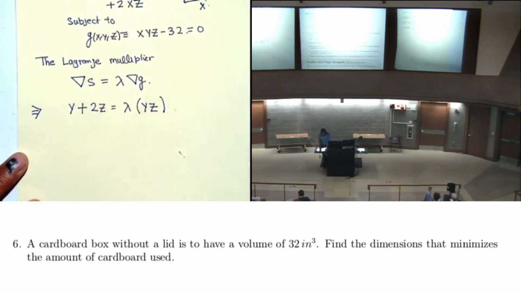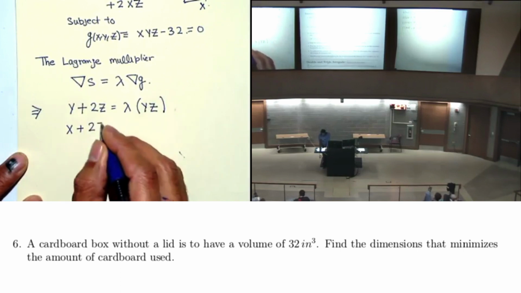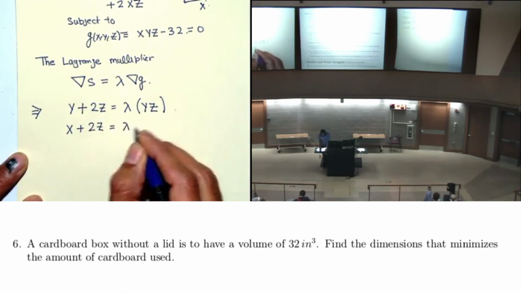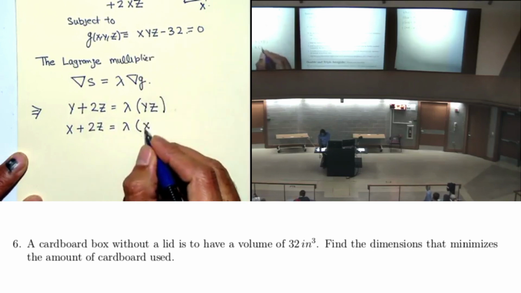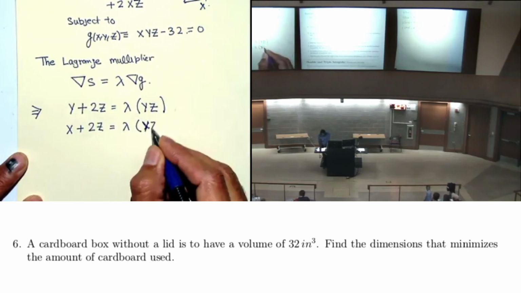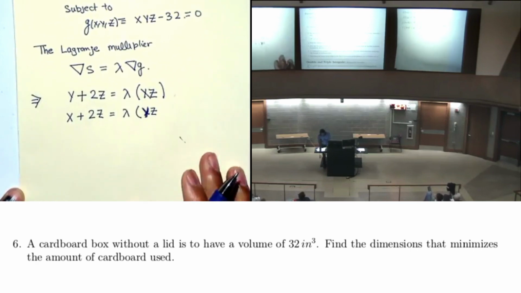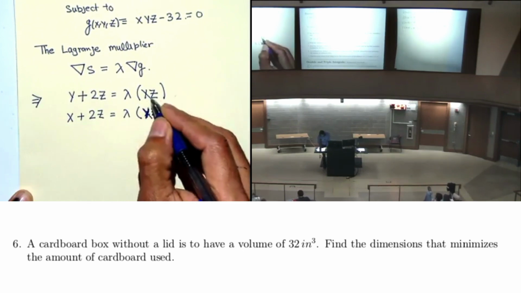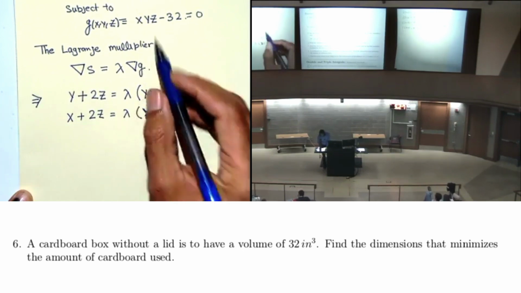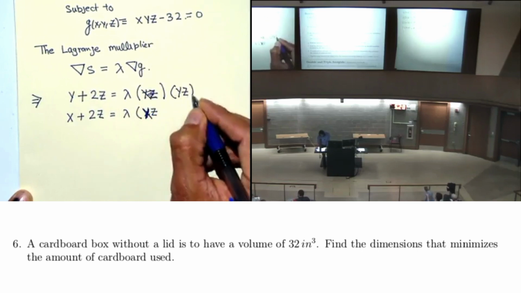The second: the partial derivative with respect to y is x plus 2z, equal to lambda times xz.